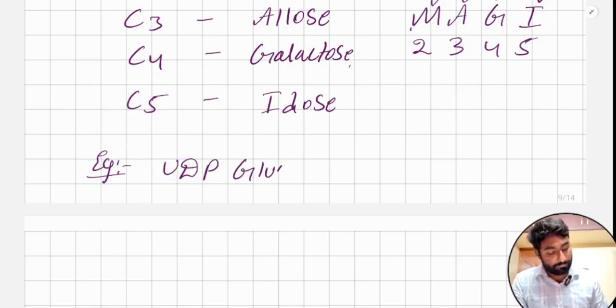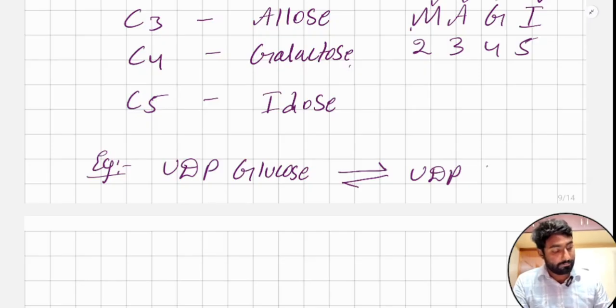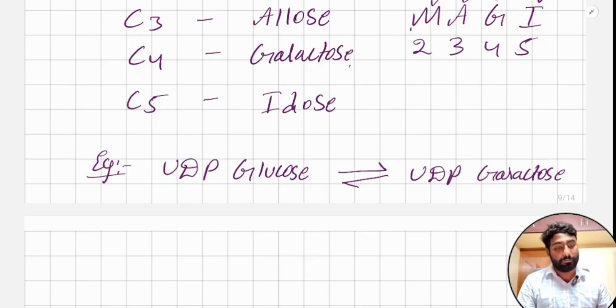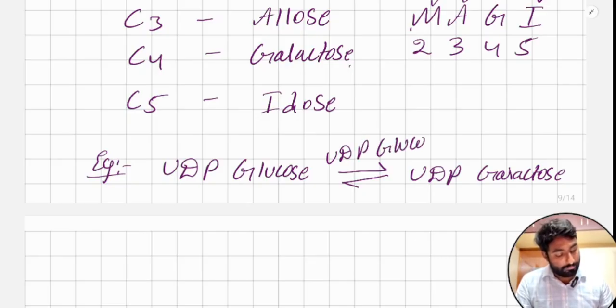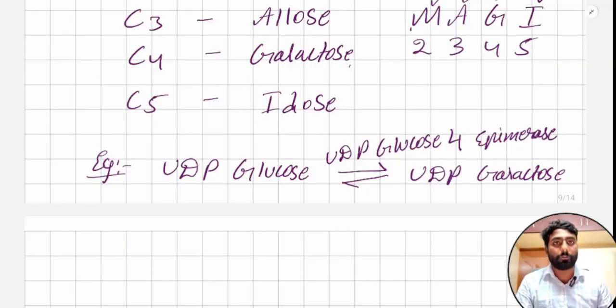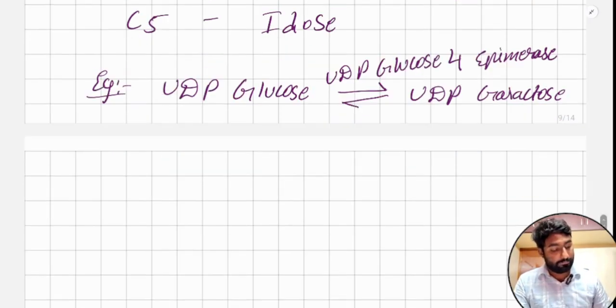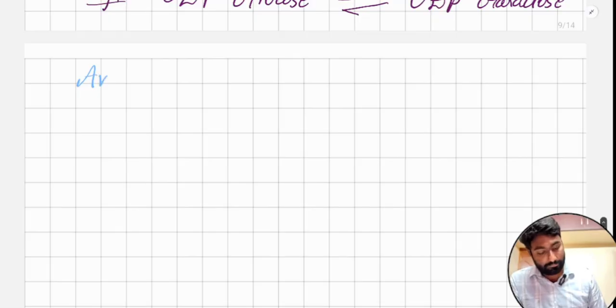UDP glucose is converted into UDP galactose with the help of UDP glucose 4 epimerase. Very good. Now we will look into anomers.